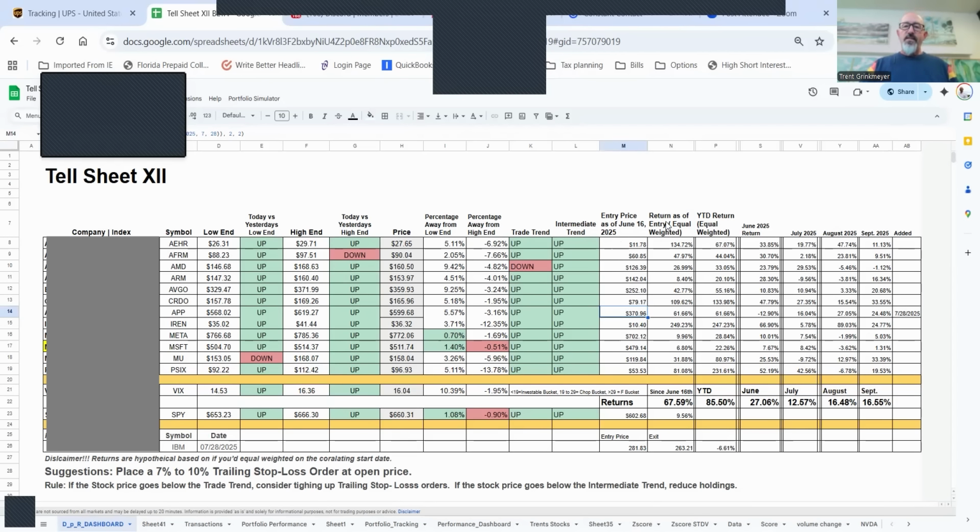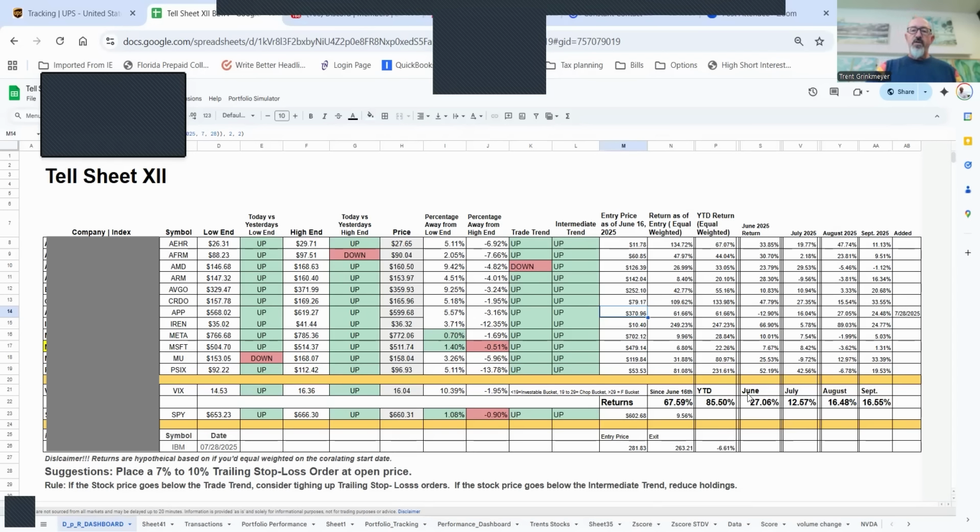So what this says is if you had equal weighted this, so it comes out to about 8% each, since inception, these are the returns you would have, 67.59%.